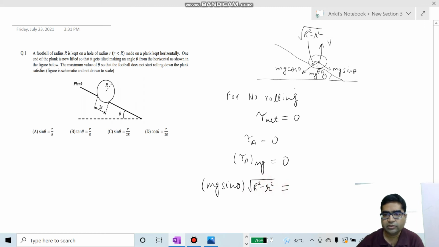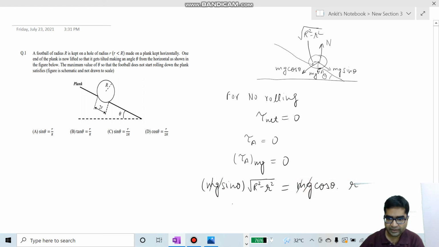This has to be equal to the mg cos theta component torque. That is, it will be equal to mg cos theta into perpendicular distance, that will be equal to small r. So it will be equal to mg cos theta into small r. So mg cancels out.